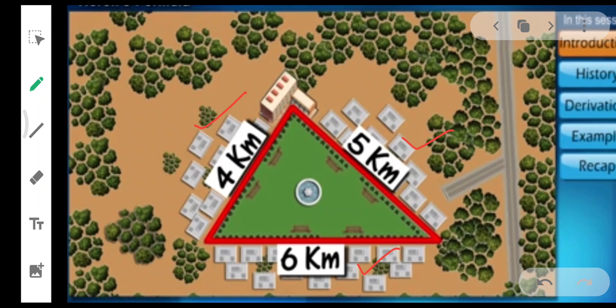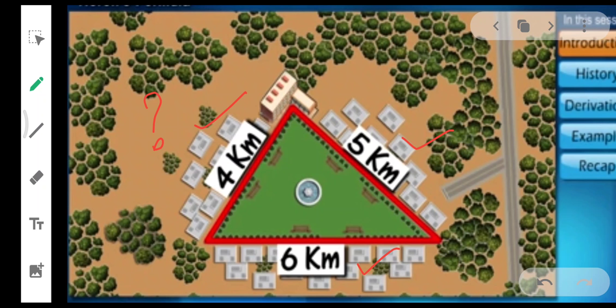These are the three sides of the triangular complex. Here height is not given to us. Height is missing. So my question is, can we use half into base into height here? No, we cannot use half into base into height because height is missing.